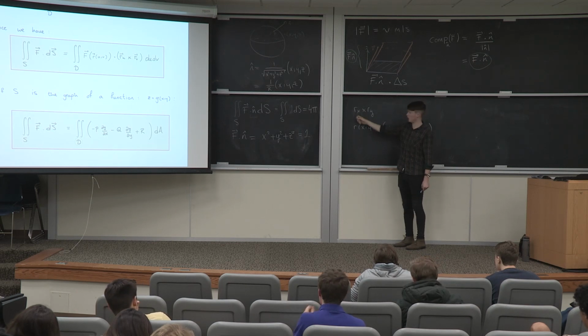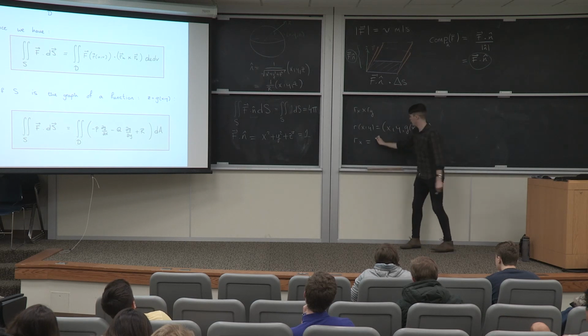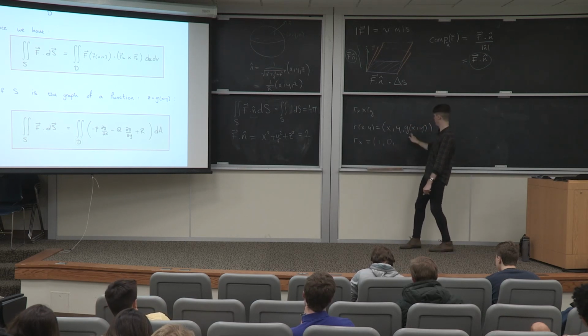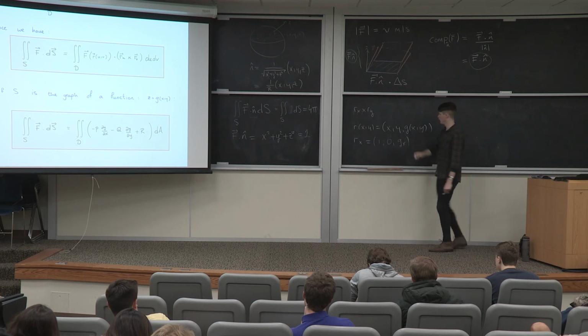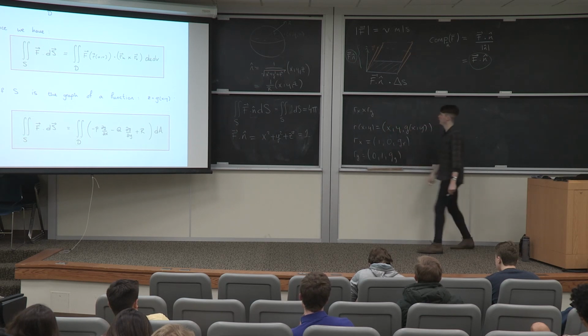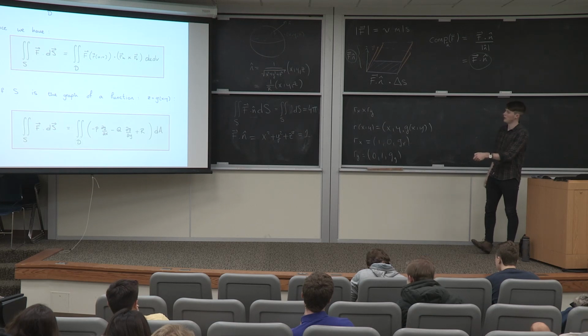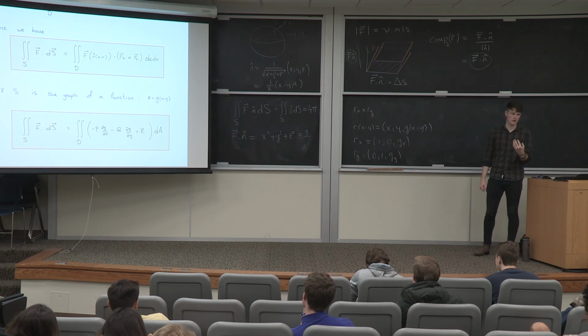What would r_x be? What would r_y be? Now, as an exercise, you can take the cross product of this, plug it in here, and see you arrive at this formula, which again is going to save you time. That makes sense? Okay. Any other questions?